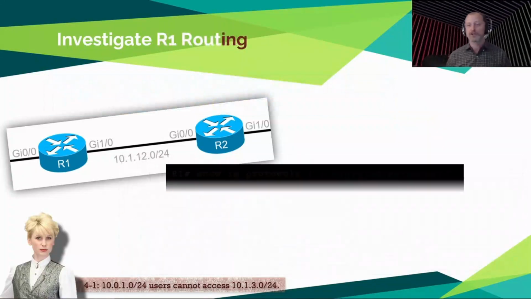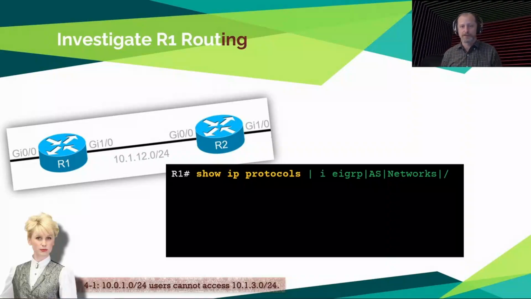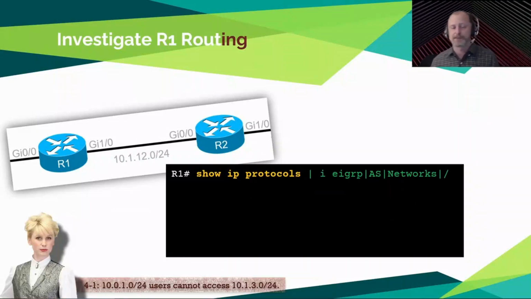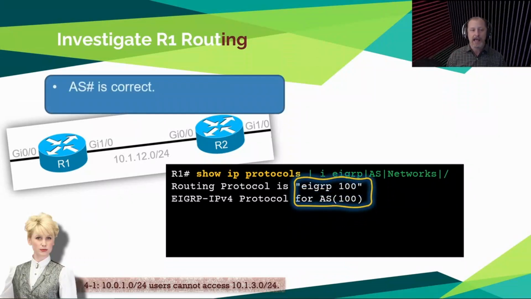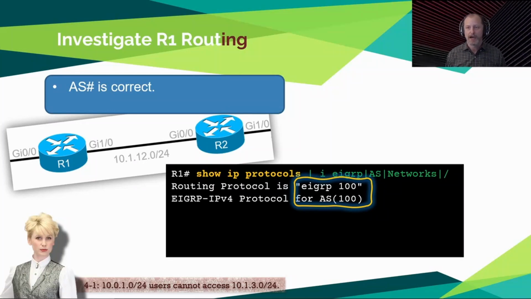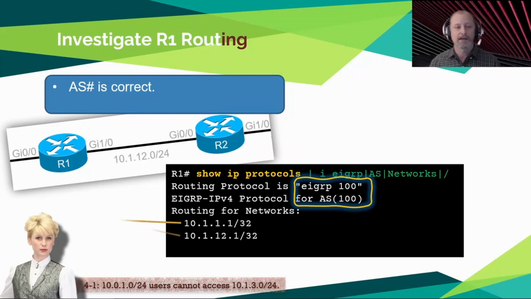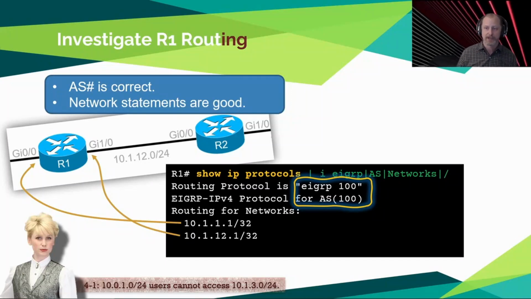If we issue a show IP protocols command, and we filter it out quite a bit just to make it simple, we can see, okay, AS 100, and it's supposed to be 100. We can see the network commands seem to be correct for the interfaces. Okay.